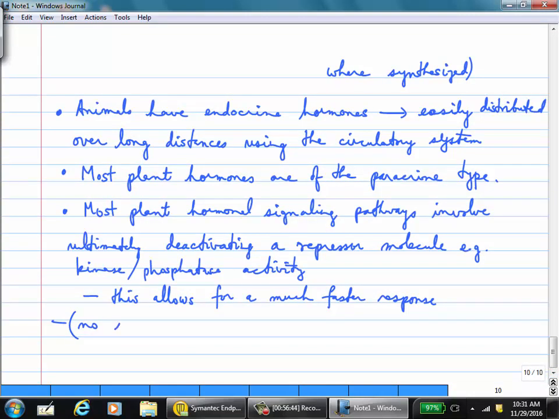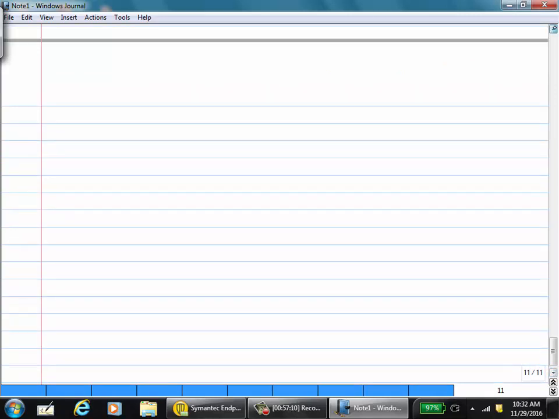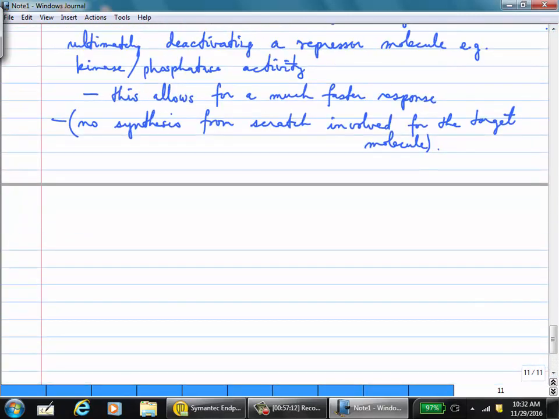So no synthesis from scratch involved for the target molecule. So this really speeds up the response.